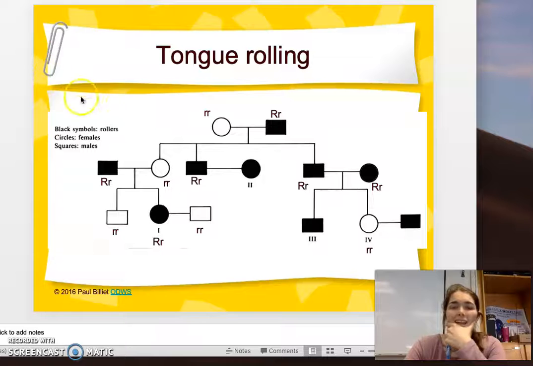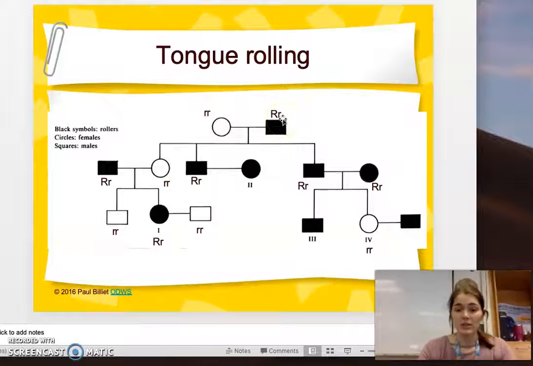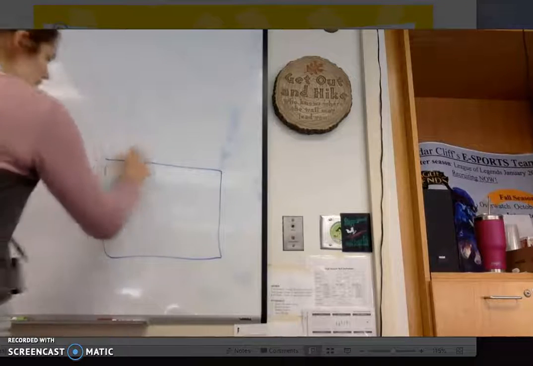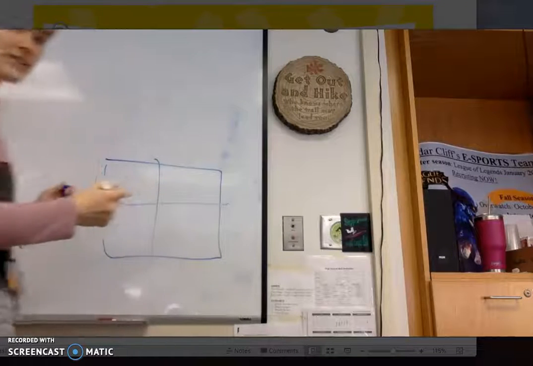But in order to get a kid who's little r, little r, we need an r from either parent. And this is where we could totally do a Punnett square. So if we have a parent, and this is just regular dominant recessive, not sex-linked craziness.